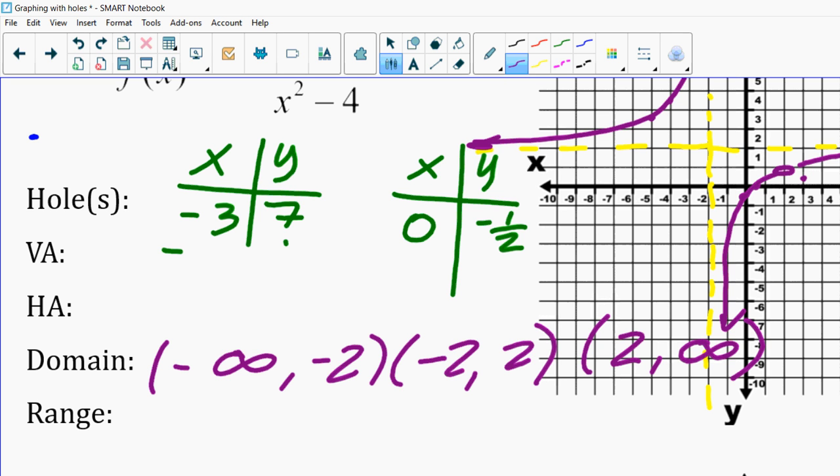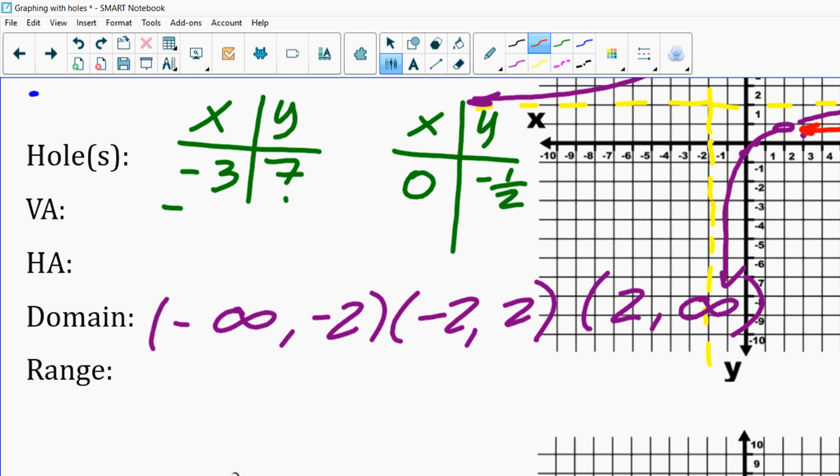Now, range, y values. I start at the bottom, and I'm going up. Where's 0.5? What's the y value of the hole? 3/4. Yeah.